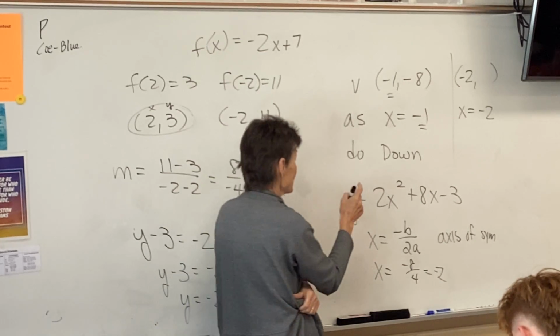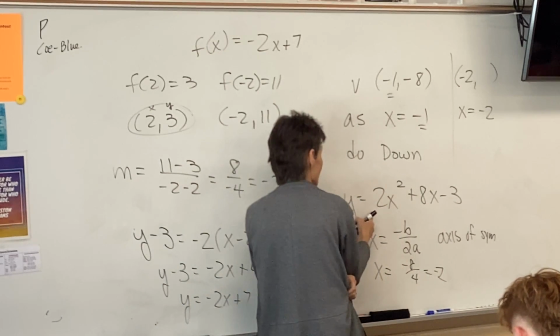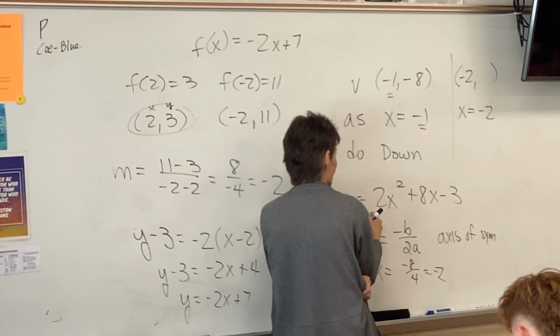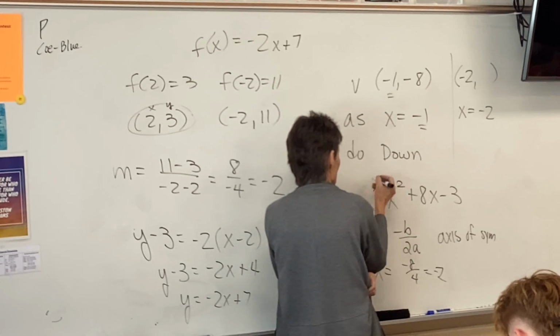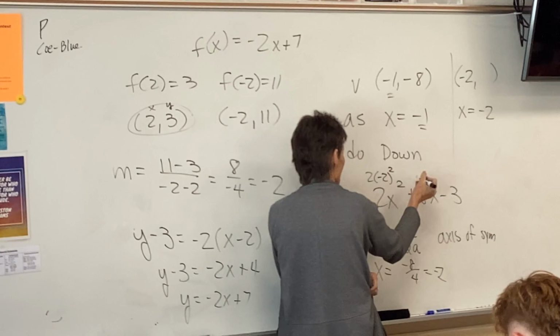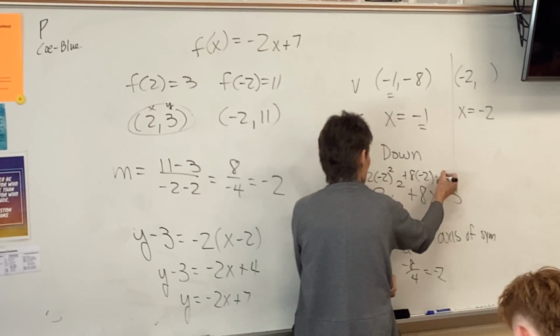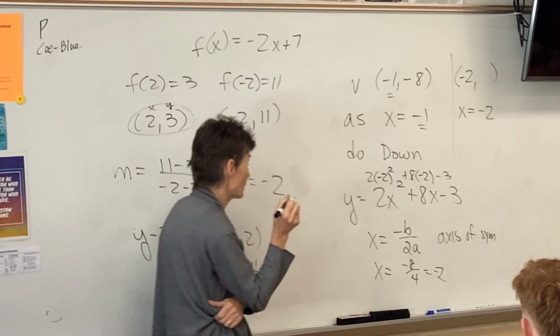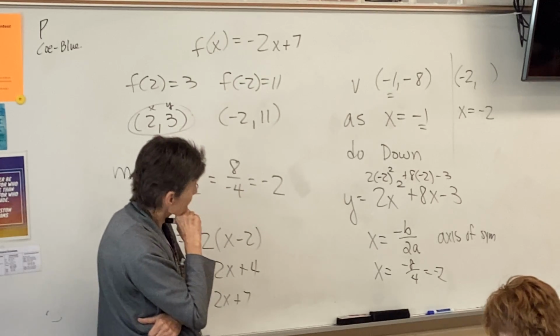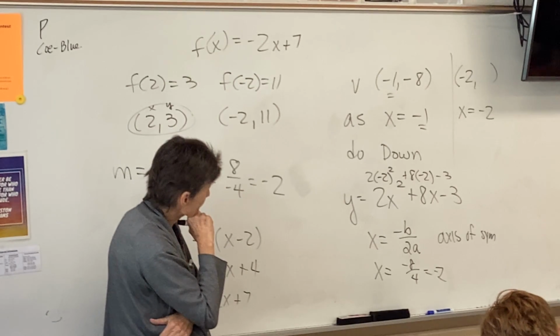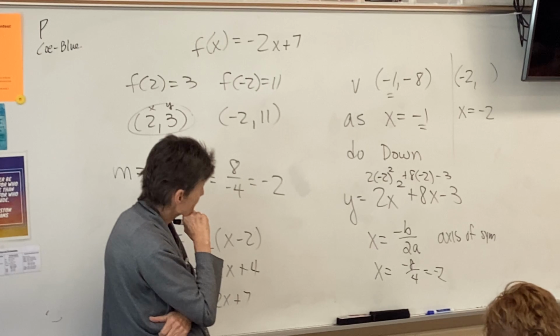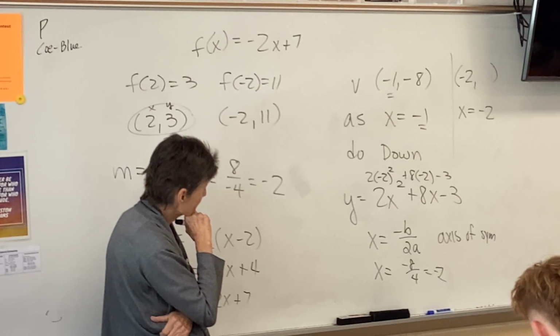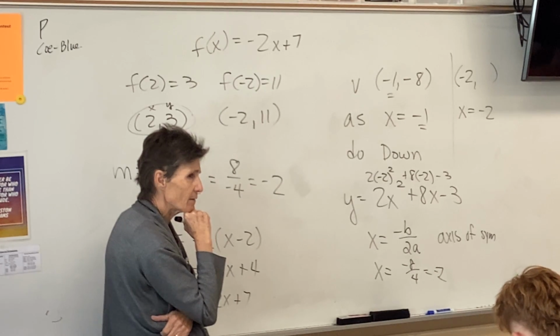So now I'm going to plug negative 2 in here. So 2 times negative 2 squared plus 8 times negative 2 minus 3. I'm going to do the arithmetic. Negative 11.